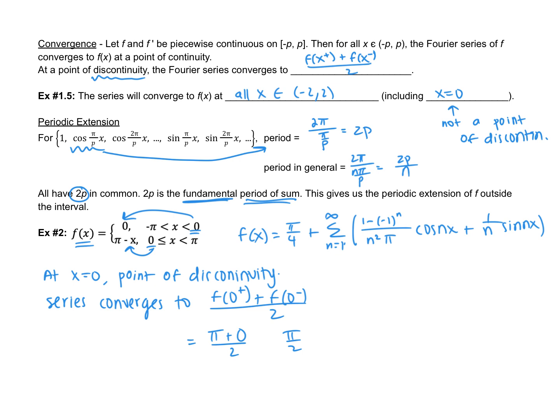Now, keeping in mind that we're going from -pi to 0 and 0 to pi, here our value of p is equal to pi.